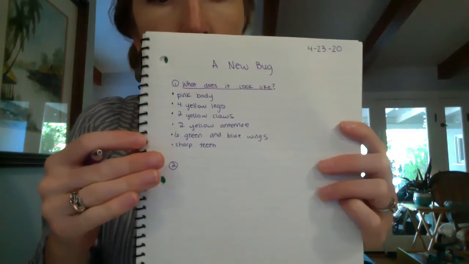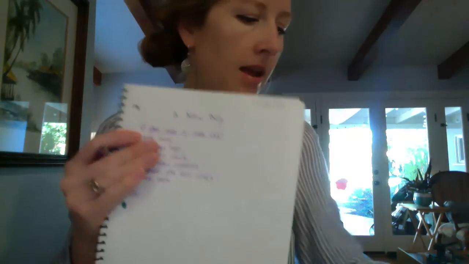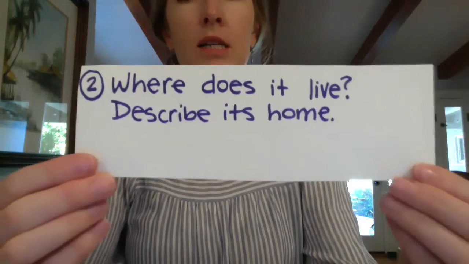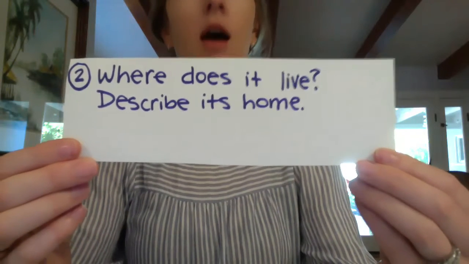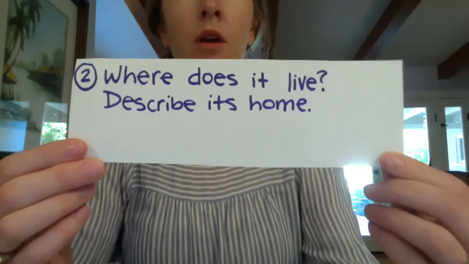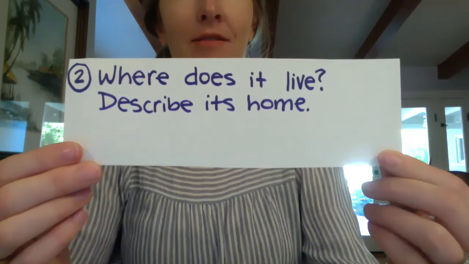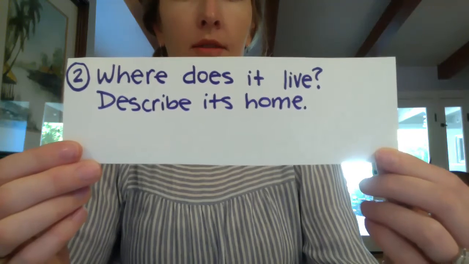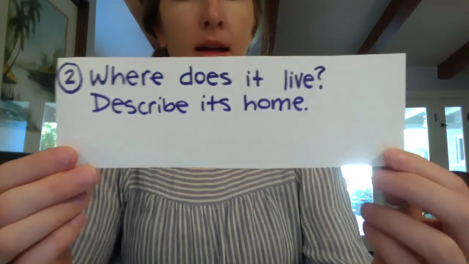You write number 2, and then the question is, where does it live? And describe its home. So write that down. And then I will give you an example with my bug.